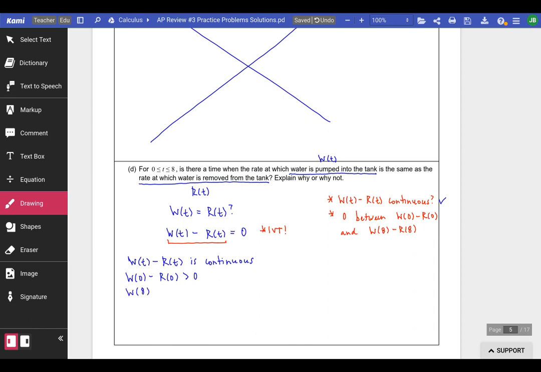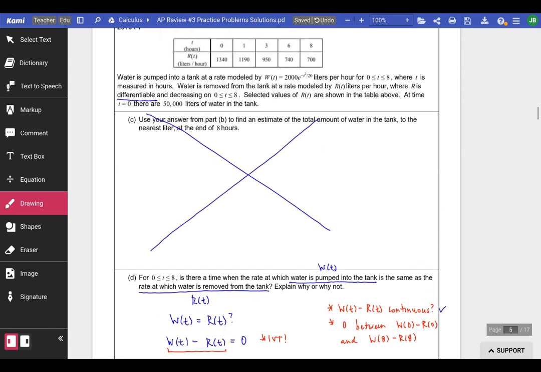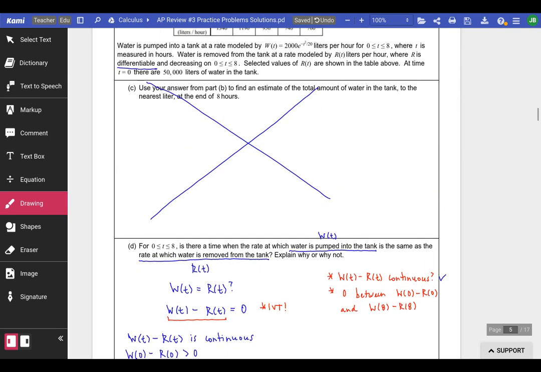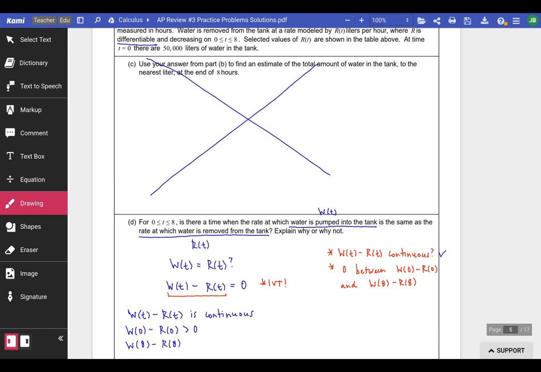Now we have to look at W of 8 minus R of 8. R of 8 we can get from the table, but W of 8 I'm going to plug into my calculator to get an estimate. So 2,000 times e to the negative 64 divided by 20. We get a value of about 81.524. So W of 8 is about 82.